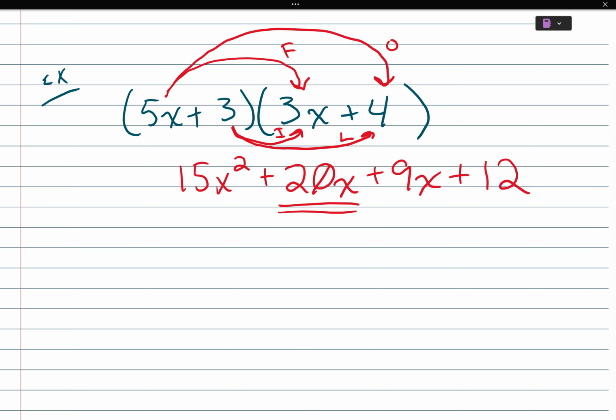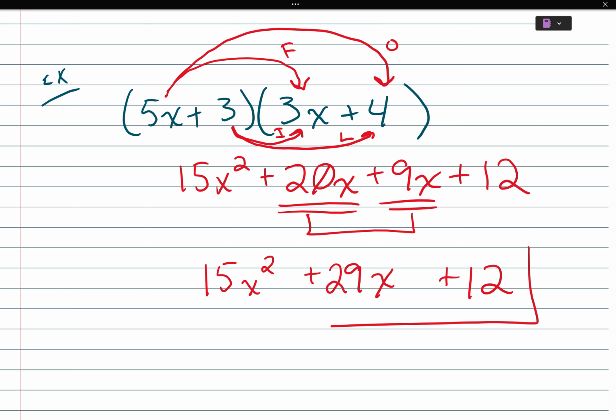You identified that these two terms are like terms because like terms have the same variable raised to the same power. They're both the x's and they're both raised to the first power. So my 15x squared comes down, my positive 12 comes down. I combine a positive 20x and a positive 9x, signs are the same, so I add them and keep the same sign to make 29x. And this is the product of 5x plus 3 times 3x plus 4.